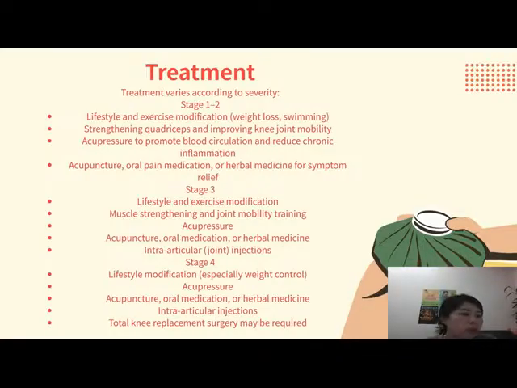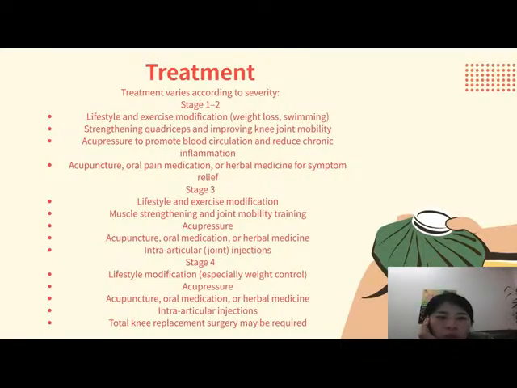For example, if it's on the first and second stage, lifestyle and exercise is very important. And for those who are overweight, you should try to lose some weight, and you can do some swimming.